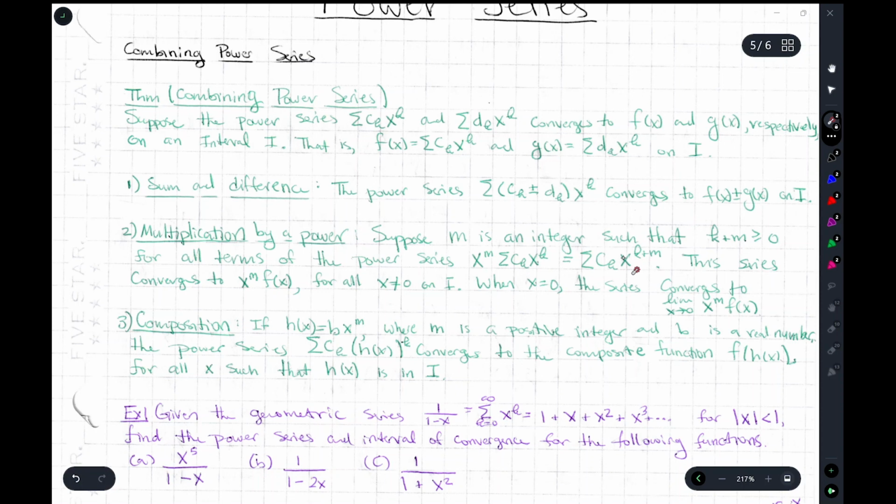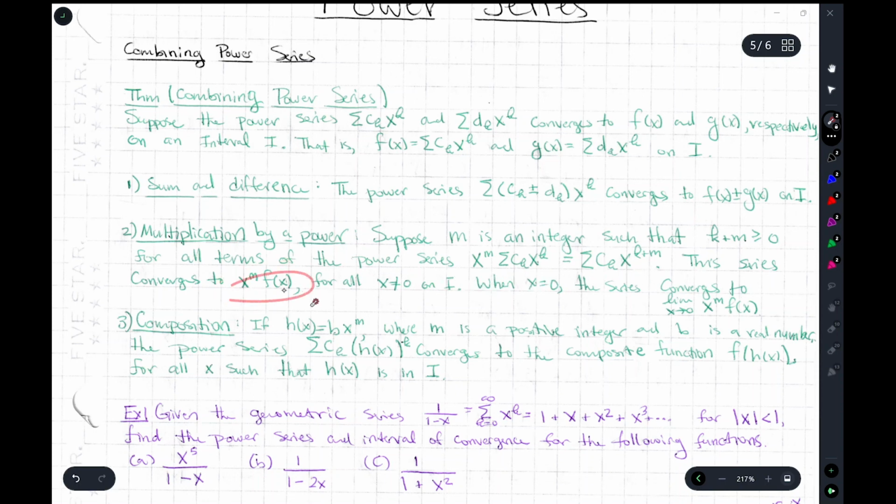If you stay away from those kinds of m, then x^m times the power series is equal to Σ c_k x^(k+m). So you could basically distribute that x^m in. This series converges to x^m f(x), okay, for all x not equal to 0. So that's a pretty cool result there.